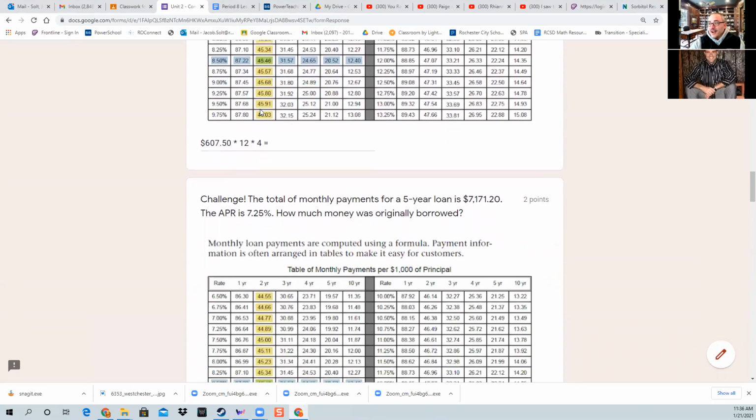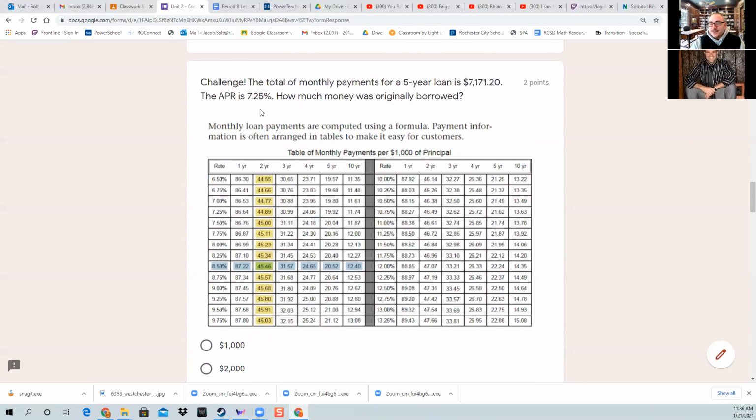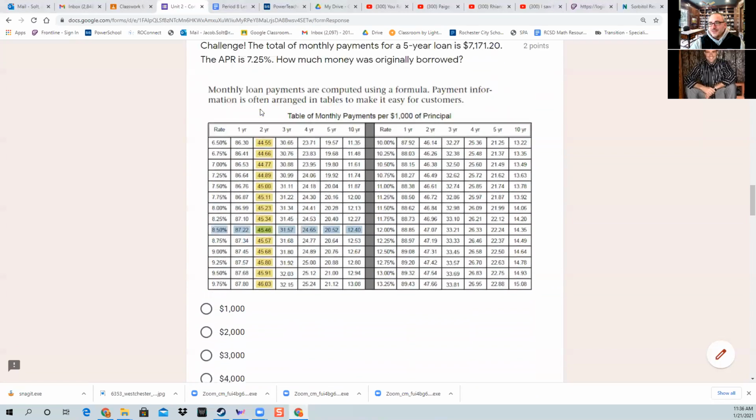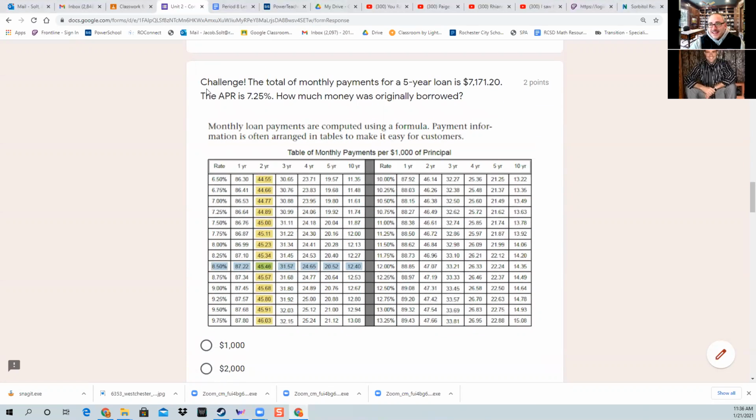Okay. Whew. All right. Now this one is a little bit tougher, which is why I made it a multiple choice question. So it's a challenge. I understand this one's a little added difficulty. The total monthly payments for a 5-year loan is $7,171.20. The APR is 7.25%.